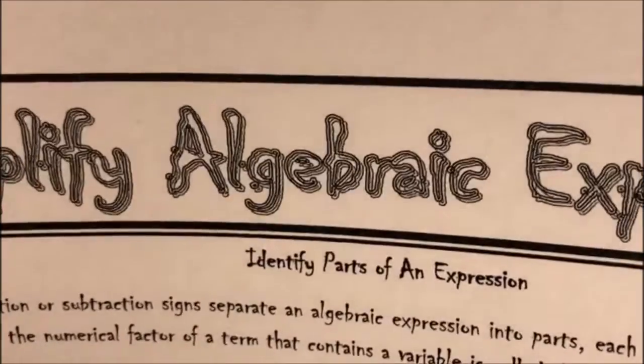Page 94, you're going to glue in the one that says simplify algebraic expressions. That's on page 94. Page 95, you're leaving blank. On 96, you're going to glue in add linear expressions.